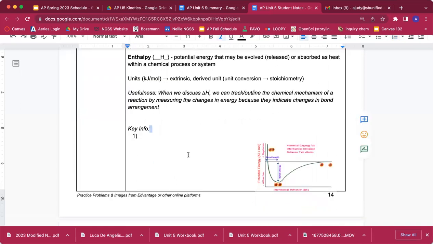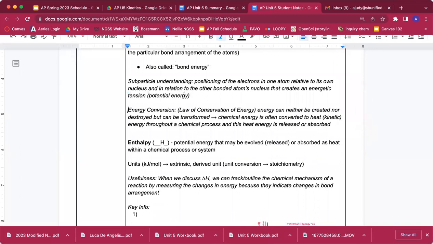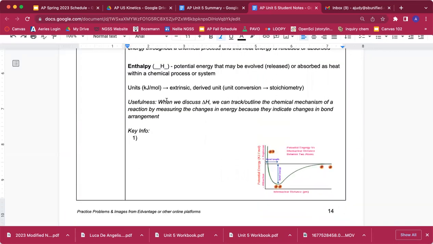When you look at your potential energy curves versus internuclear distance, something you might notice is that bond breaking, i.e. the reactants reacting, colliding, requires an input of energy, i.e. absorption.